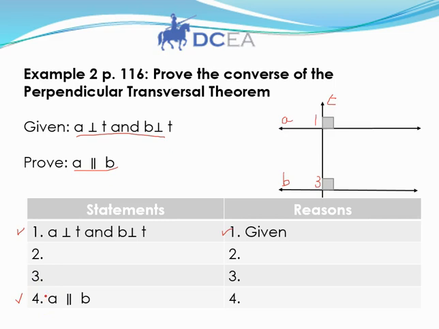So what does this show us when we have these perpendicular lines? Well, it shows us that angle 1 and angle 3 are right angles. And that would be a definition, the definition of perpendicular lines.